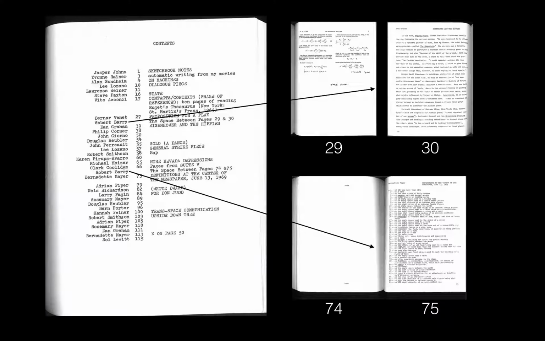They had started in New York in 1967, I think. And Barry's works are listed in the contents page of the magazine, just as the space between pages 29 and 30, and the space between pages 74 and 75. And that's it. The work consisted of nothing else but these two entries on the contents page.